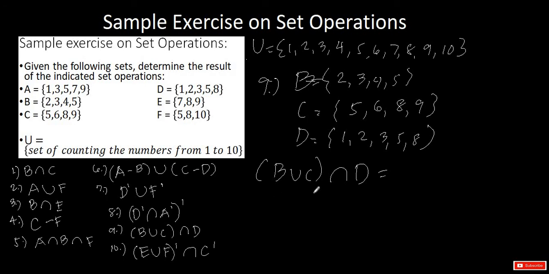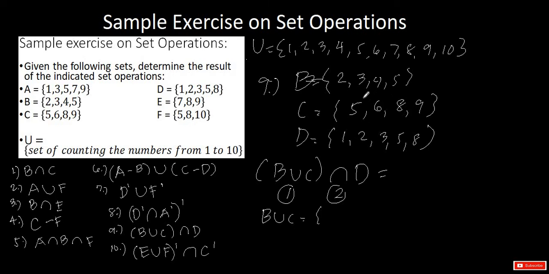Okay, so what is the order of operations that we are going to perform here? According to the rule, we are going to perform the operation inside a grouping symbol, the parentheses here. So this is our step 1. And our step 2 is to perform the intersection to determine the final result of number 9. Okay, so what are the elements of B union C?